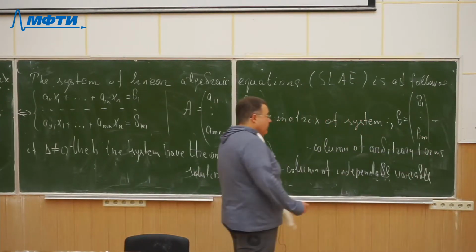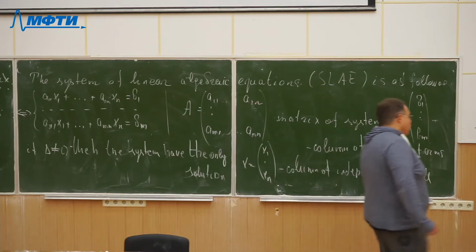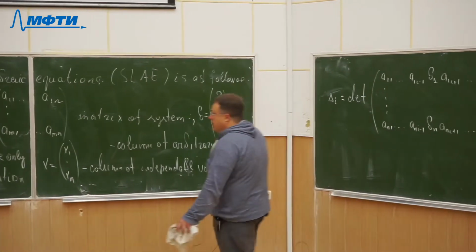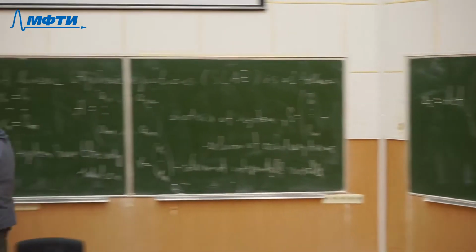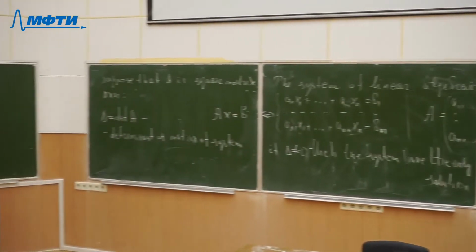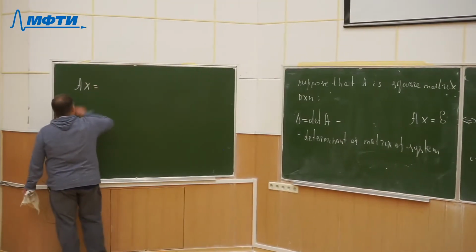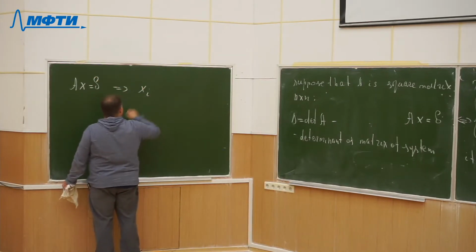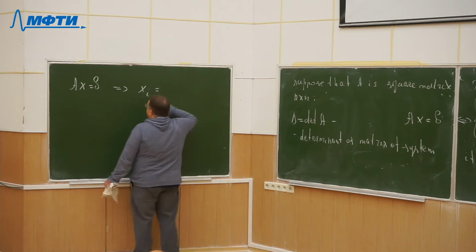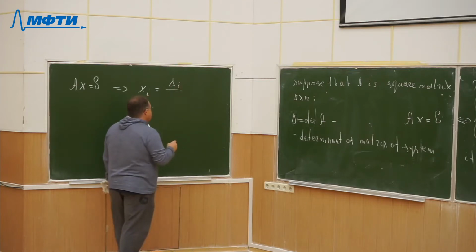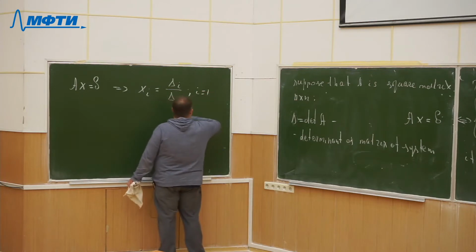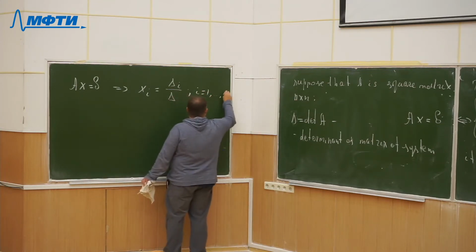In this case, the solution of the system of equations A x equals B can be found by the formulas: x sub i equals delta sub i over delta, i equals 1 etc. n.